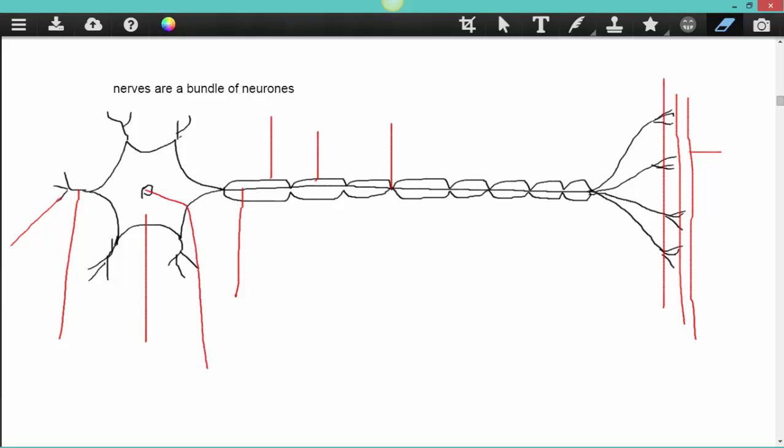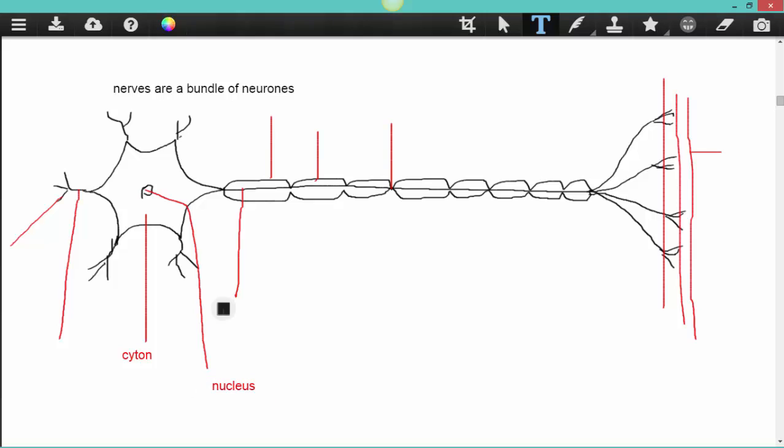So, a neuron basically consists of a cell body. The cell body consists of the cyton and the nucleus. And it also has a few extensions called nerve fibers.